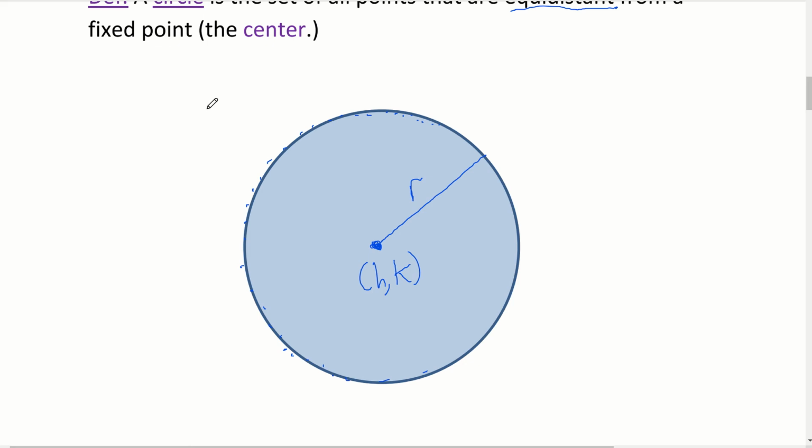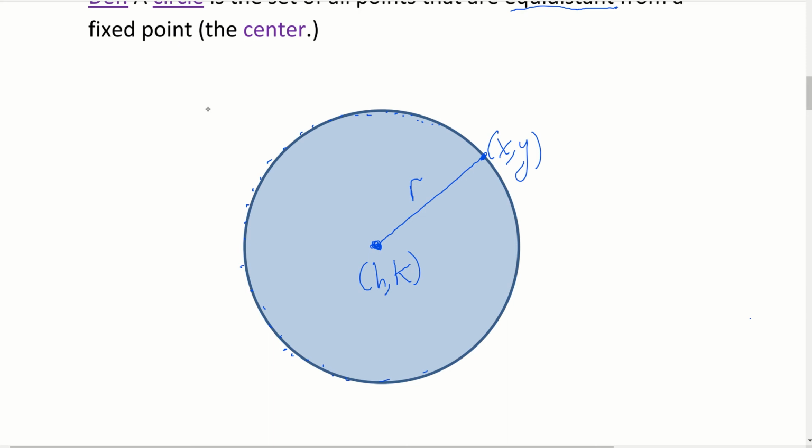To come up with the equation of the circle, let's suppose we have an arbitrary point. Let's call it x, y. What do we know about x, y? Well, we know that its distance to the center has to be r units. So this is something we could actually plug into the distance formula.